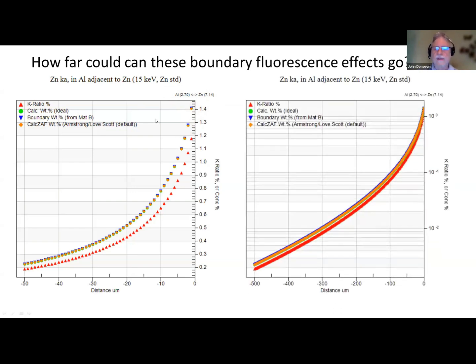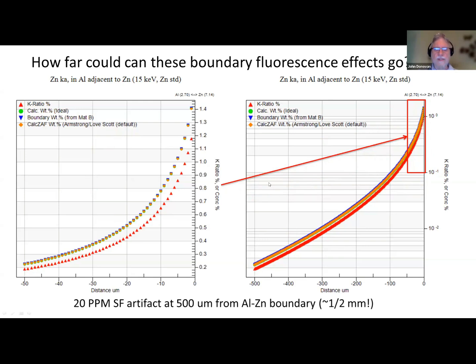Now, here's the interesting thing. You notice that here we only went out to 50 microns. Here I went up to 500 microns, so half a millimeter away, and you see we haven't reached zero yet. In fact, this whole graph is represented in this little box right here. So this continues; this is a log scale, clearly. We're still getting 20 parts per million at half a millimeter from the boundary.